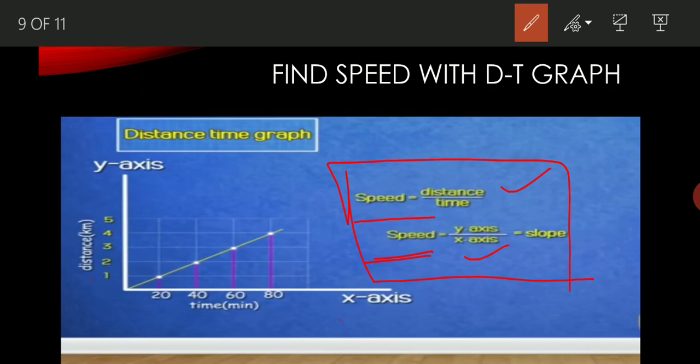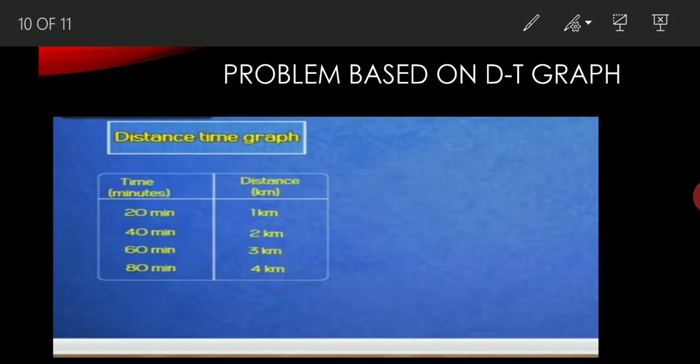So we can write speed is equal to y-axis upon x-axis. Clear? Whatever value we are getting on the y-axis, we will put here, and whatever value we are getting on the x-axis, we will put here. We will get a slope, and this slope always indicates the speed of the vehicle. Clear?